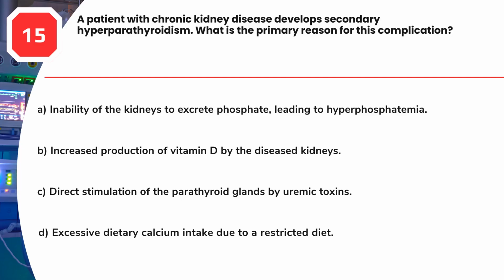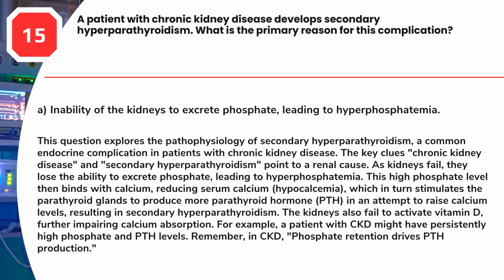C. Direct stimulation of the parathyroid glands by uremic toxins. D. Excessive dietary calcium intake due to a restricted diet. Answer: A. Inability of the kidneys to excrete phosphate, leading to hyperphosphatemia.